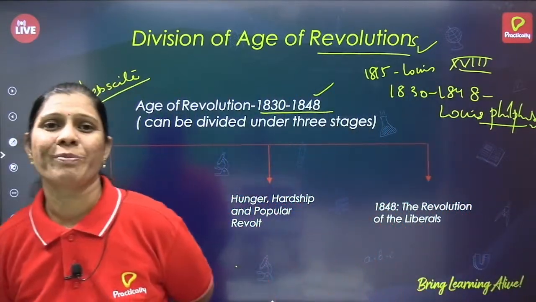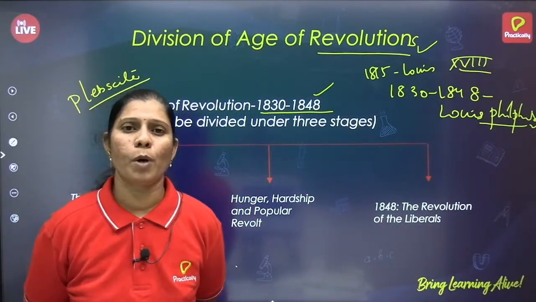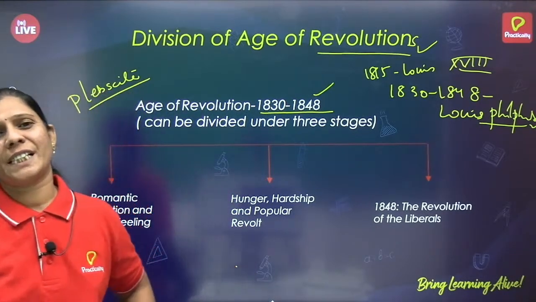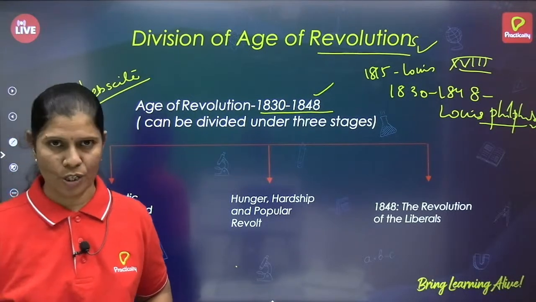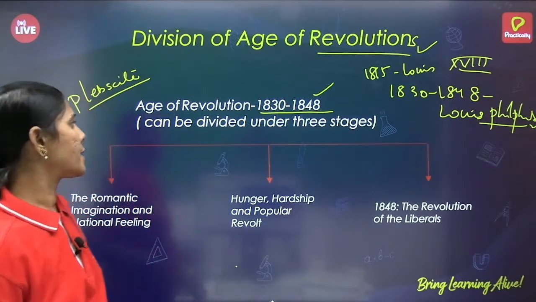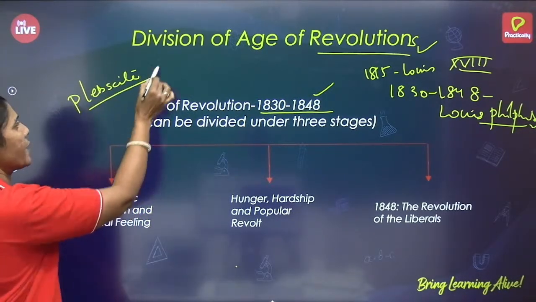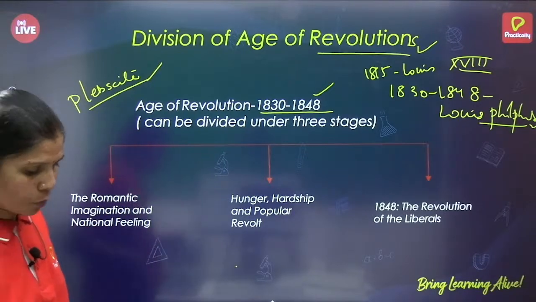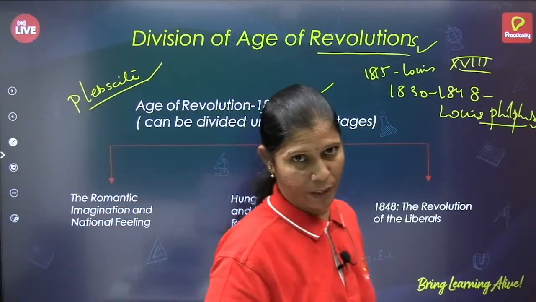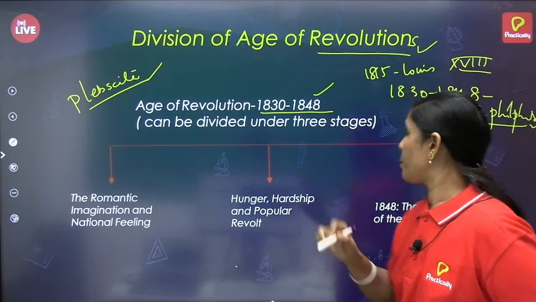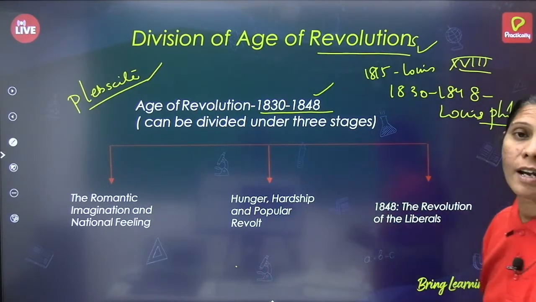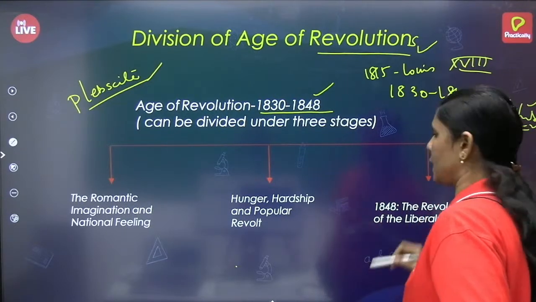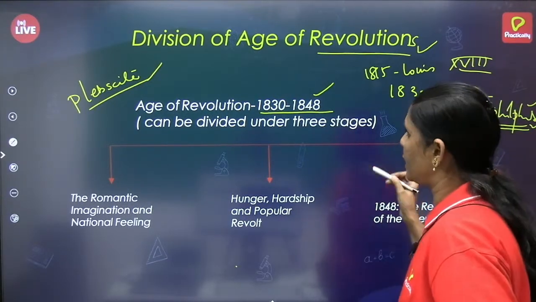They take a vote among the people and decide whether they accept that king or not. Through plebiscite, they can even remove the power of a king.